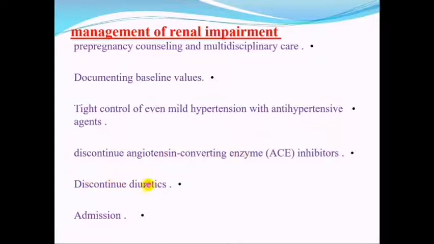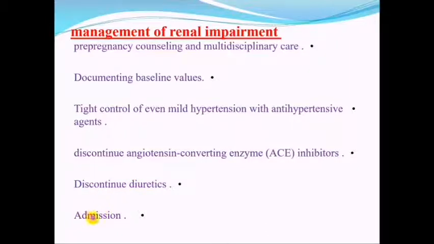Also, for a patient who has been kept on diuretics prior to pregnancy, we have to discontinue the diuretics unless the patient has severe hypoalbuminemia or pulmonary edema, in which diuretics may be indicated. So the diuretics can be given only if indicated, otherwise we have to stop diuretics during pregnancy.